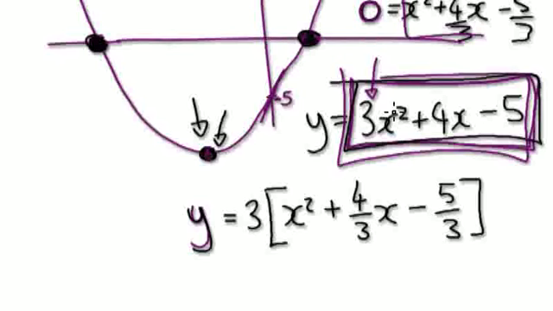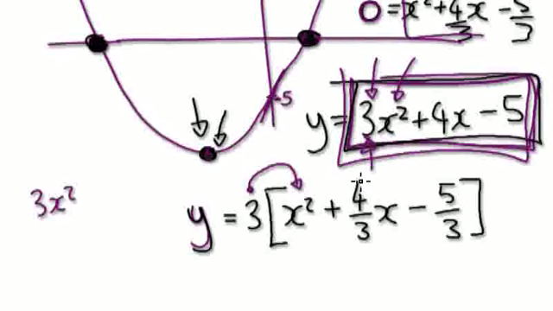Basically, we want to deal with a coefficient of 1, because that's what we're good at. When there's a 3 in here, it complicates things. So take the 3 out as a factor. If you multiply this with this, it will be 3x squared, which is the same as this.